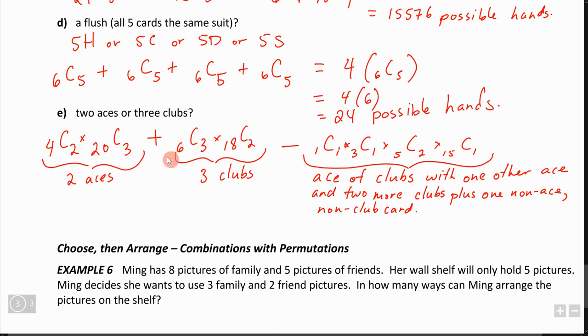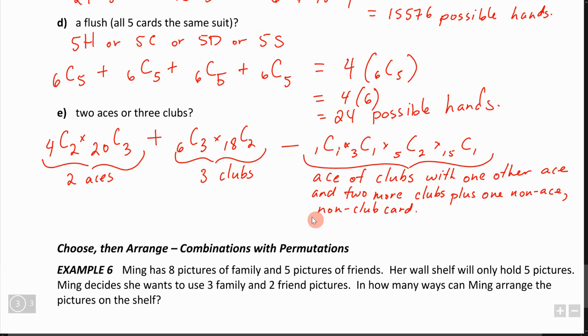non mutually exclusive, I have to subtract the intersection. It says here 2 aces or 3 clubs. The thing is, these 2 sets of events, where we have aces and clubs, they intersect because you can have an ace of clubs. So that's going to be double counted. So you have to subtract the possible hands where you can get an ace of clubs with one other ace, and 2 more clubs plus 1 more non-ace, non-club card.